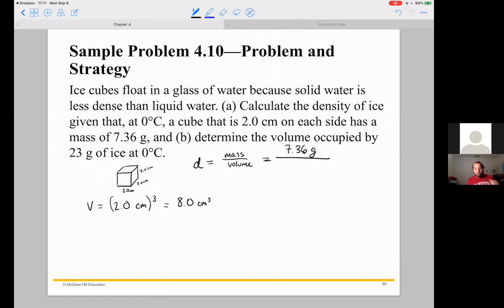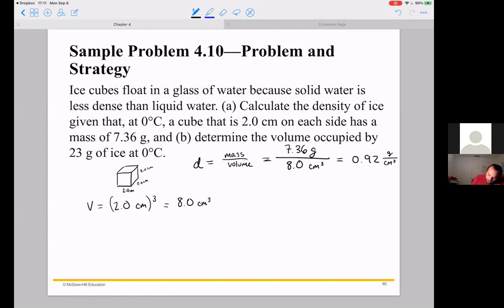Notice how I'm having to combine those units because it's multiplication. So this is 8.0 centimeters cubed, which would give me a density of 0.92 grams per centimeter cubed.